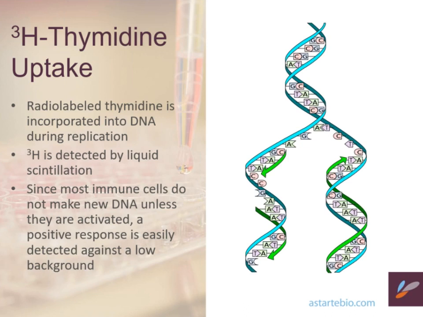Since most immune cells aren't dividing, they're stuck in G0, G1 of the cell cycle, any uptake of thymidine is an indication of proliferation, and you have a good signal to noise ratio since there's not any uptake to begin with.